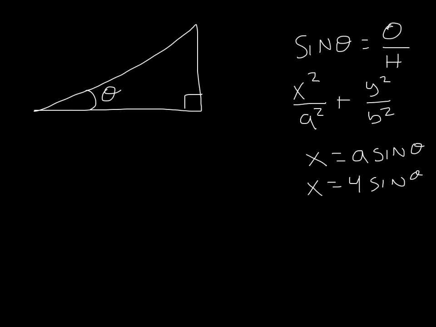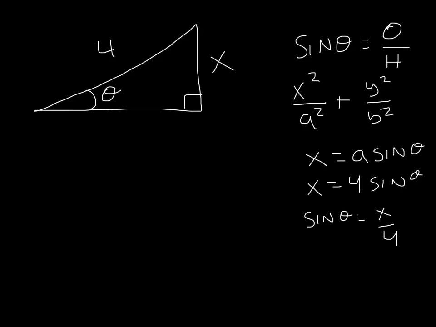And using our basic trigonometric ideology, we have sine theta equals x divided by 4, which is our opposite, which is our x, opposite of the angle. Then we have 4 as our hypotenuse.